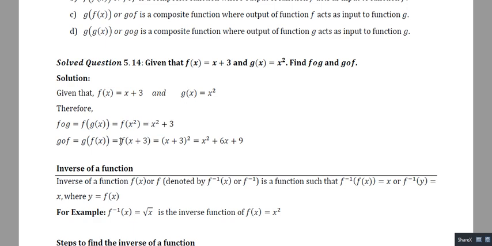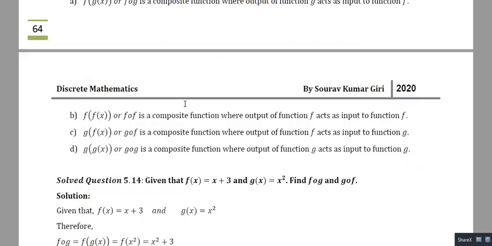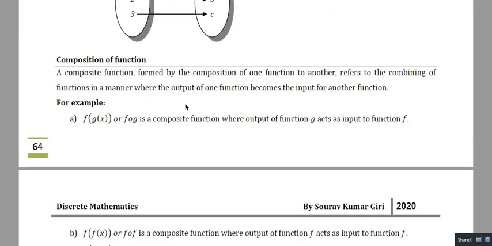So g of x plus 3: g of x is x square, so g of x plus 3 means x plus 3 whole square, that is equal to x square plus 6x plus 9, a plus b whole square. So this is how we find the composition of function.